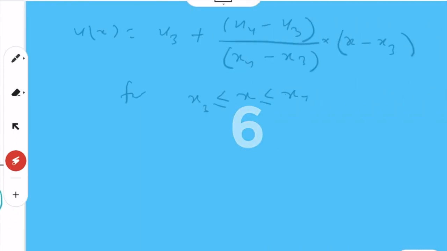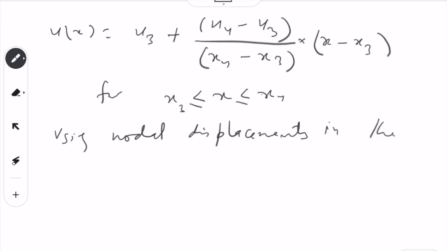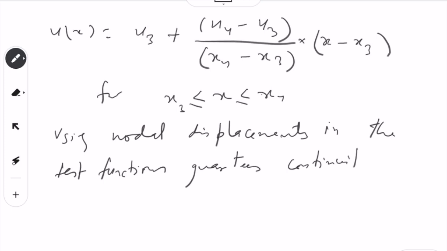So, this scheme, using nodal displacements in the test functions, guarantees continuity. Which continuity?